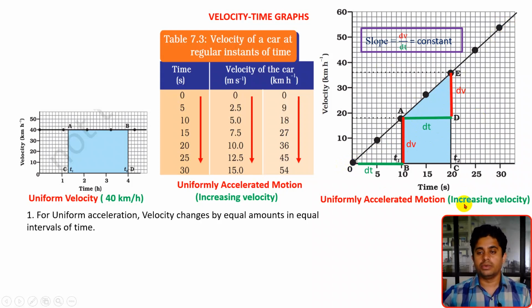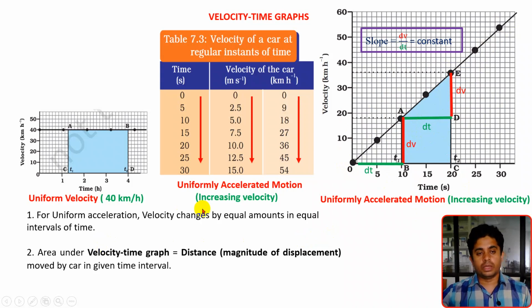And here velocity is increasing. Now, whether the car travels with uniform velocity or uniformly accelerated motion, the basic thumb rule remains the same: the area under the curve or area under the line gives us the magnitude of the displacement.